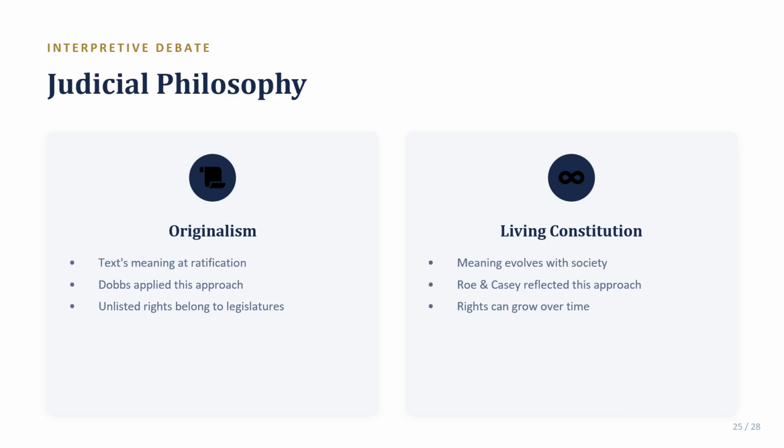Now, originalism holds that constitutional provisions should be interpreted according to their meaning at the time of ratification. So, under that approach, rights that are not grounded in the Constitution's text, structure, or history, rights not deeply rooted in the nation's tradition, belong to the political process. So, the legislatures and voters, not the courts.